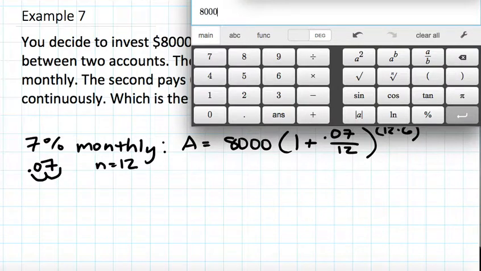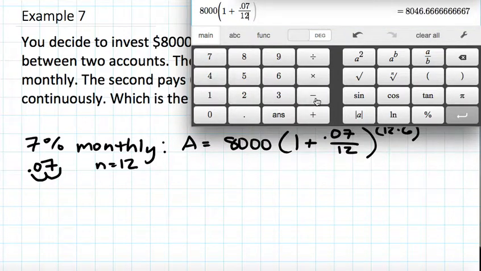So I'm going to type that into my calculator here. So 8,000, parentheses, 1 plus 0.07 over 12. Now, for my exponent here, I'm going to put that in parentheses, 12 times 6, or I can do 12 times 6 as 72, and then just type in 72.